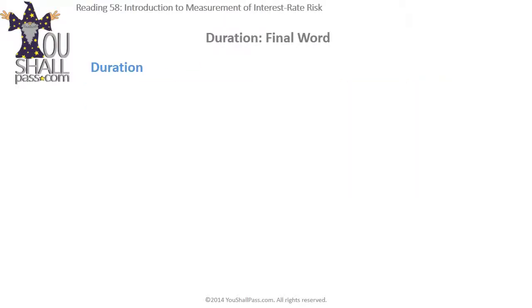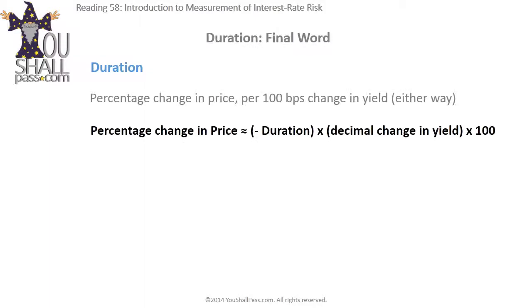We've spoken at length now of duration. And before closing, I guess it's good to just go back to basics and remember that duration is expressed in years, but what it actually represents is the percentage change in price per 100 basis point change in yield either way. The way to use duration is to work out the approximate percentage change in price for a given change in yield.